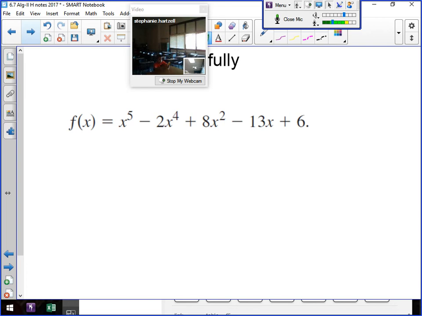So little things like that, we've been prepping all the way through. You just didn't know we've been working on it. Because tomorrow I'm going to have you guys build polynomials given zeros. Because if you have 4 zeros, what does your degree have to be? I'll give you a hint. 4. Okay.